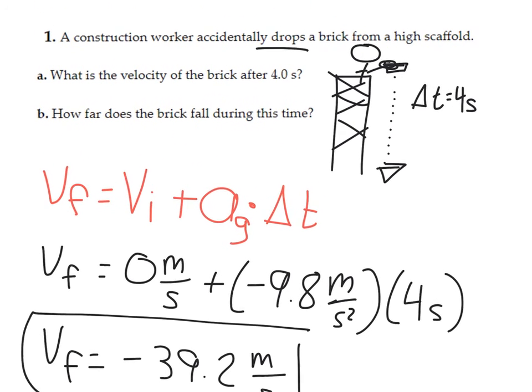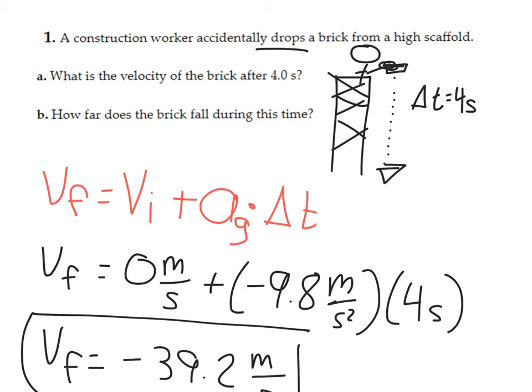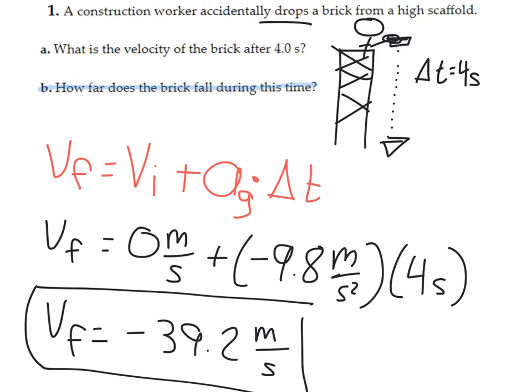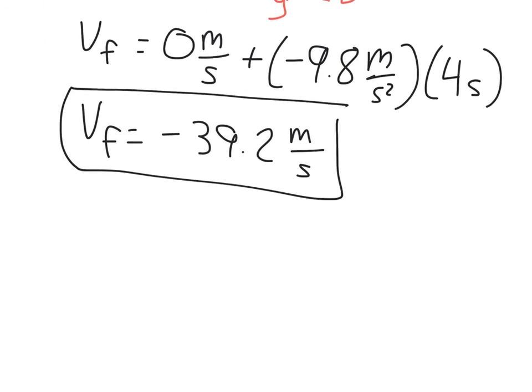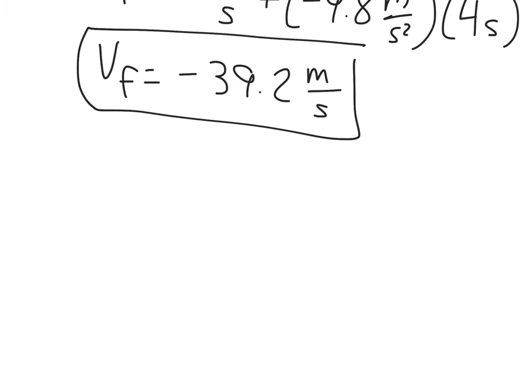But now there's another question right here. How far does the brick fall during this time? To answer this question, we have different formulas. In this case, I'm going to use a formula that we use to determine the initial height of an object that is falling, when we have a time.